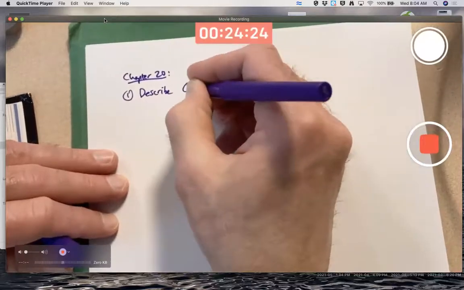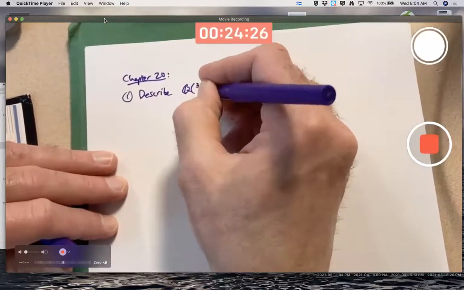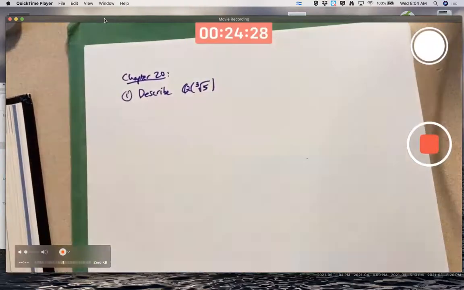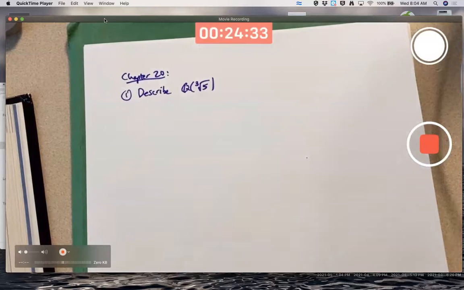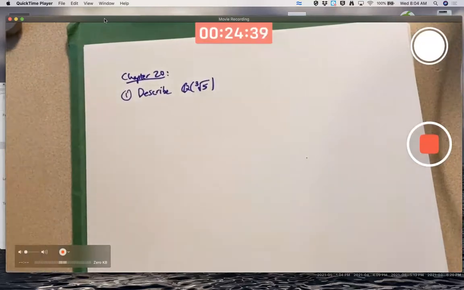Well, the first thing you have to understand is, what does this notation mean? That goes back to the definition of a splitting field and the paragraph right above it, in fact.